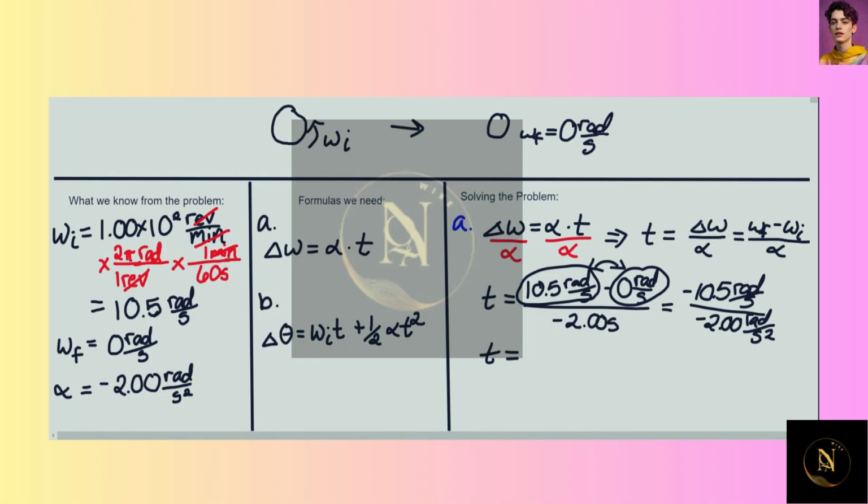So that's one way you can check yourself to make sure these are in the right position: if you get a negative answer and you have a negative on the bottom and you need time, that should work out. So when you divide these, you get a final time of 5.24 seconds. And that's how long it takes the grinder to come to a stop.